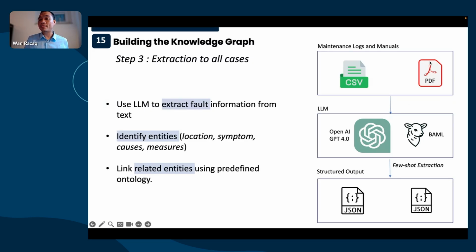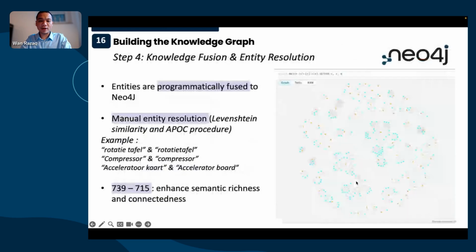I first change each PDF to an image and then use the multimodal LLM because that's easier. Each PDF has a different structure, so it's hard to extract directly with text formats. With that, I get a structured output in JSON format.